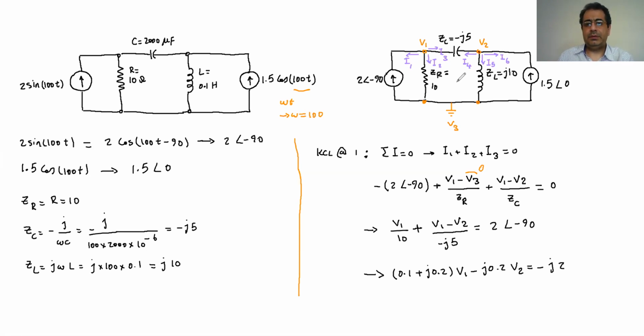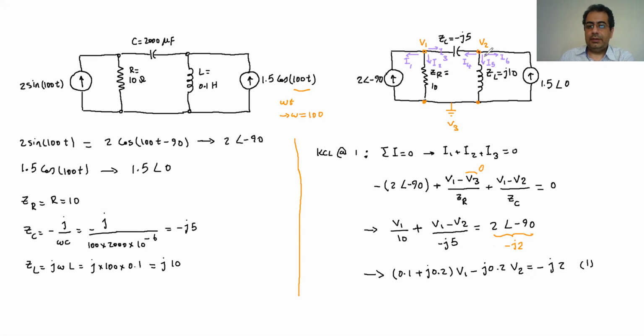Remember, this is negative J2 because the angle is negative 90 degrees. If you convert it from polar to rectangular, it doesn't have any real part, and with negative 90 it's negative J2. So this is the first equation.